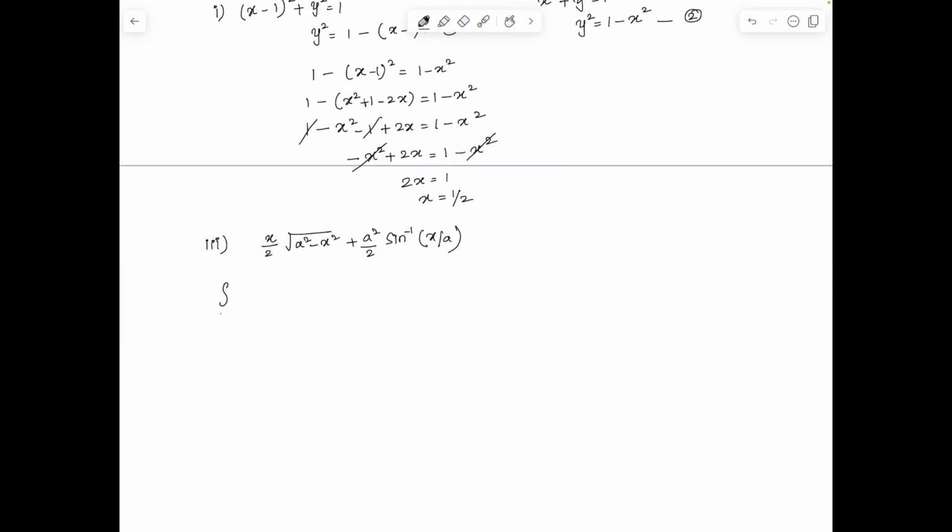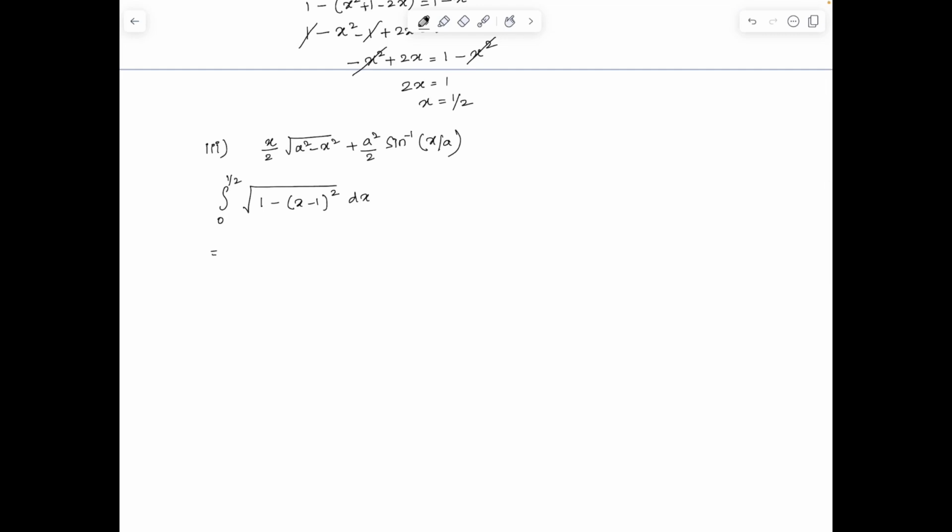Given question is integral 0 to 1 by 2 root of 1 minus (x minus 1) the whole square dx, which is (x minus 1) by 2 root of 1 minus (x minus 1) the whole square plus, a is 1, so it is 1 by 2 sine inverse of (x minus 1) by 1, limits 0 to half.